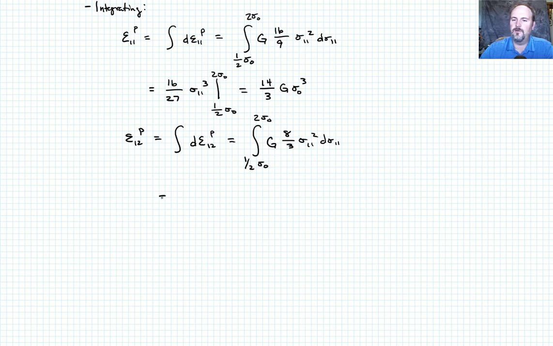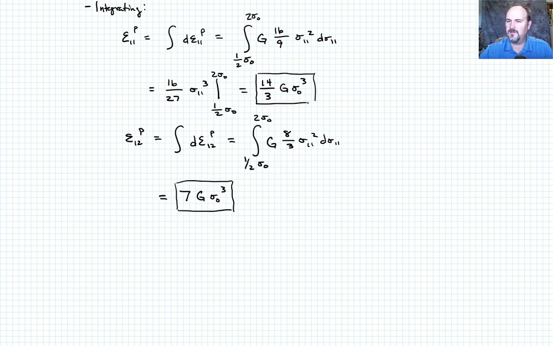And when you carry out the integration, you find this comes out to be 7 times g times sigma naught cubed. Okay? So these are the two numbers that we're going to compare with what we get from the other path. These are the plastic strains that accumulated during that load path from 0 up to sigma 1,1 equals sigma 1,2 equals 2 sigma naught.